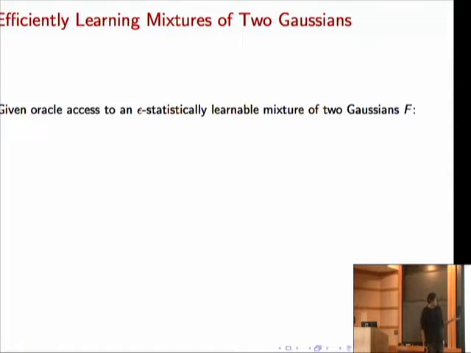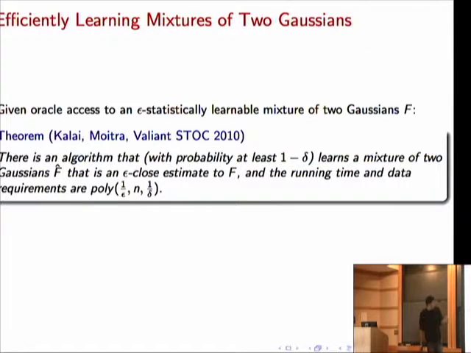So now I can state our main result, which is actually just given oracle access to any epsilon statistically learnable mixture of, say, two Gaussians, and I'll explain our results for k later, then there is an algorithm which learns an epsilon close estimate to F. And in fact, its running time and data requirements are polynomial in 1 over epsilon, n, which is the dimension of the data, and 1 over delta.